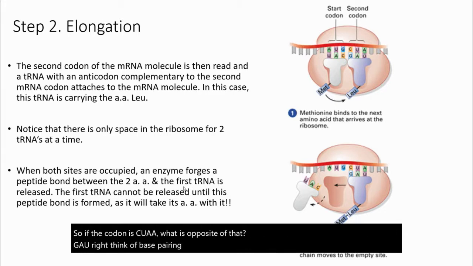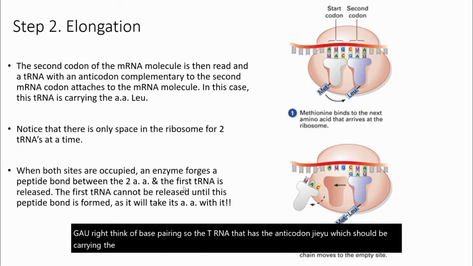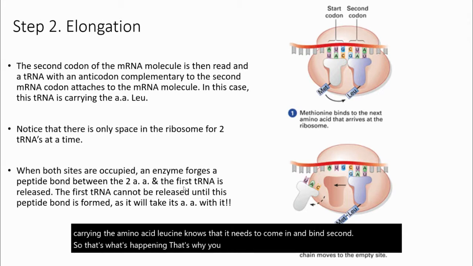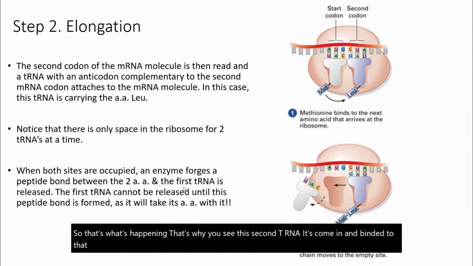So the tRNA that has the anticodon GAU, which should be carrying the amino acid leucine, knows that it needs to come in and bind second, okay? So that's what's happening. That's why you see the second tRNA. It's come in and bound to that A site on the large ribosomal subunit.